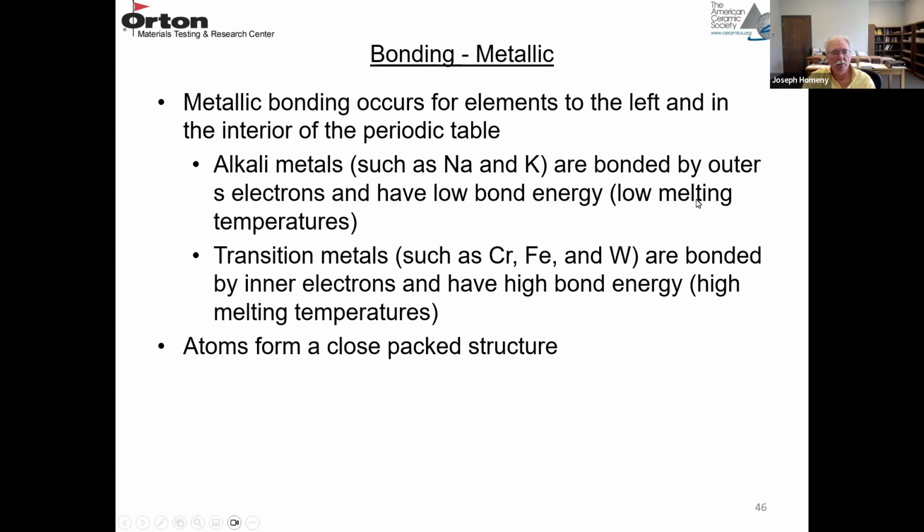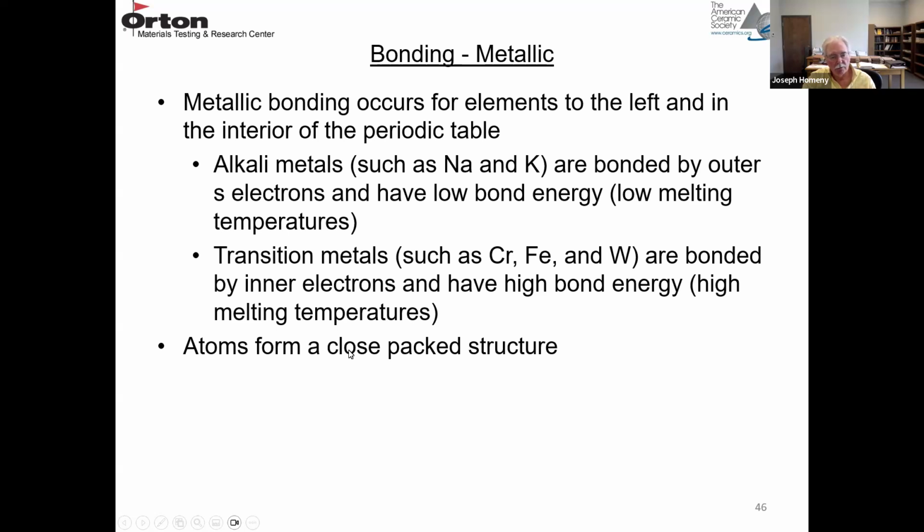So these are low melting materials. But the transition metals such as chromium, iron, and tungsten are bonded by their inner electrons in the d level. So they have high bond energy and much higher melting temperatures. So you have these nuclei sitting in an electron cloud.